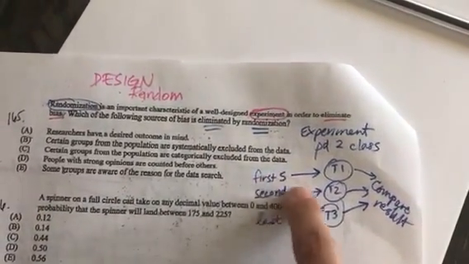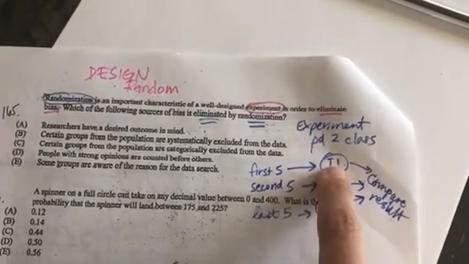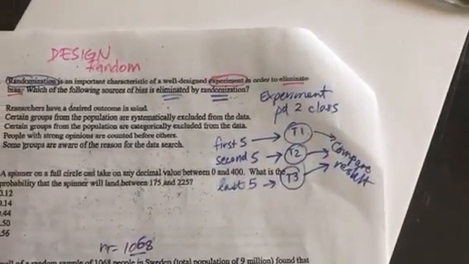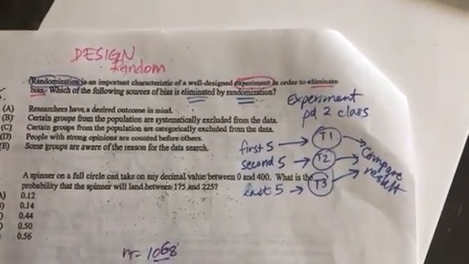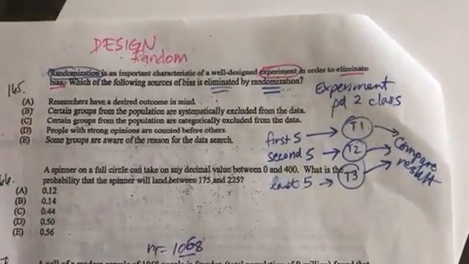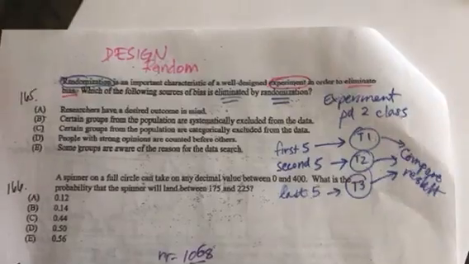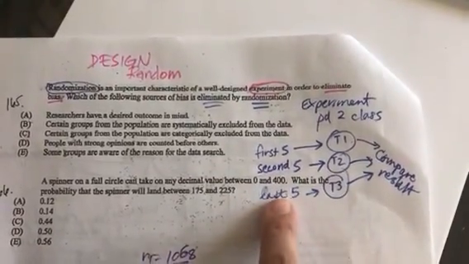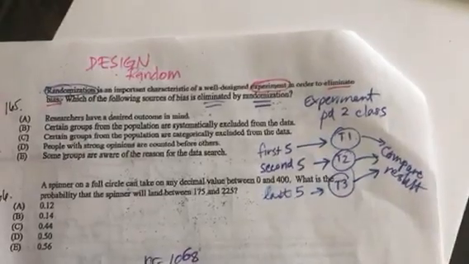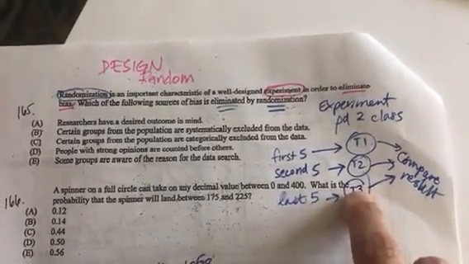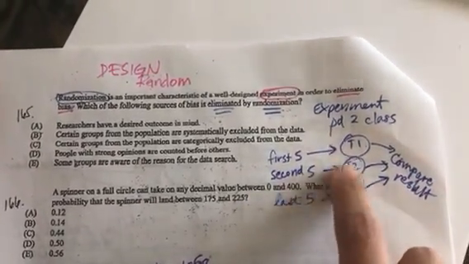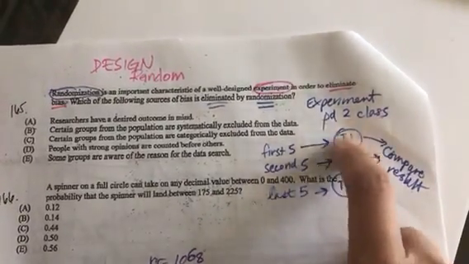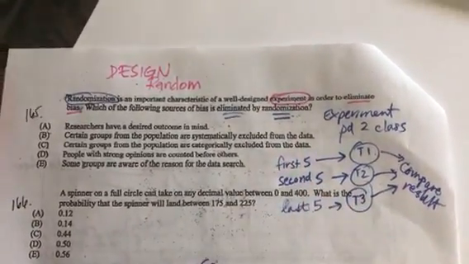Well, treatment 1 only gets the early birds. There might be something about people that show up early to places that might either systematically help them or hurt them, depending on what I'm trying to experiment. And the same thing here, the kids that show up last are all only going to get treatment 3. So when I compare results, I can't really figure out if it's really the treatment that I gave or is it really their habits.